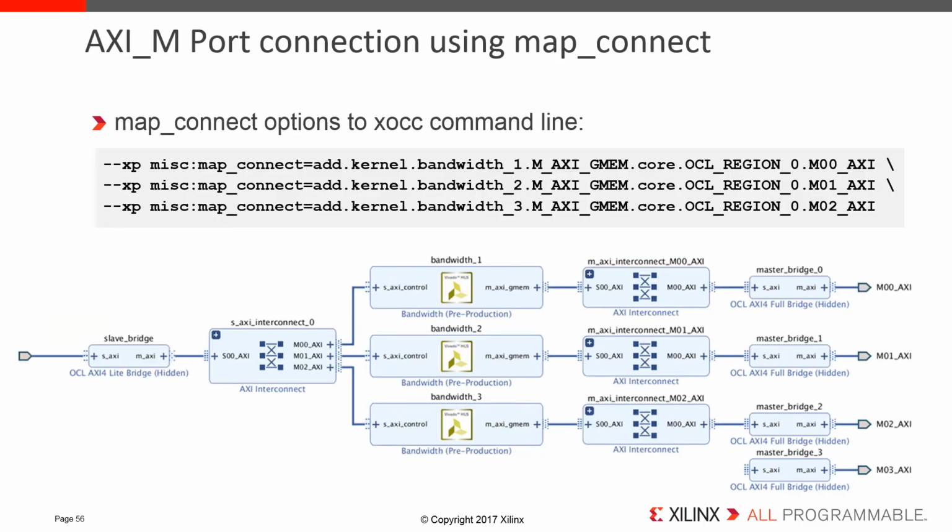However, for designs where we need to optimize a design for memory bandwidth, we can use Map Connect to allow binding specific kernel AXI ports to specific memory controllers. In this example, the Map Connect command line options and the resulting schematic are shown for the case where each AXI port from the 3 kernels are connected to 3 separate memory controllers.